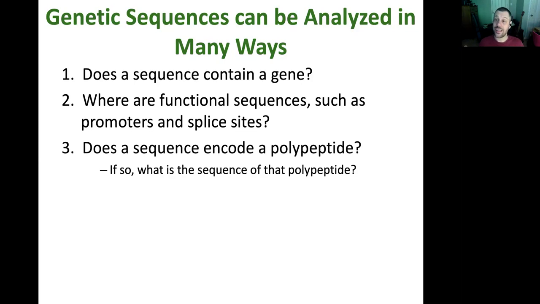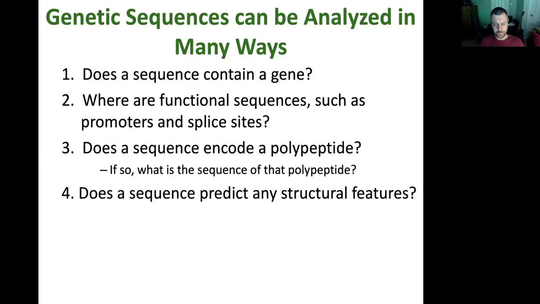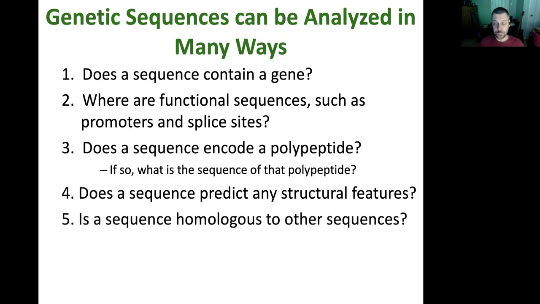Because we can translate a DNA sequence or an RNA sequence very easily using computers. Does the sequence predict any potential structural features for the protein that it's going to make? And we can often do that by comparing polypeptide sequences between different genes and different species.